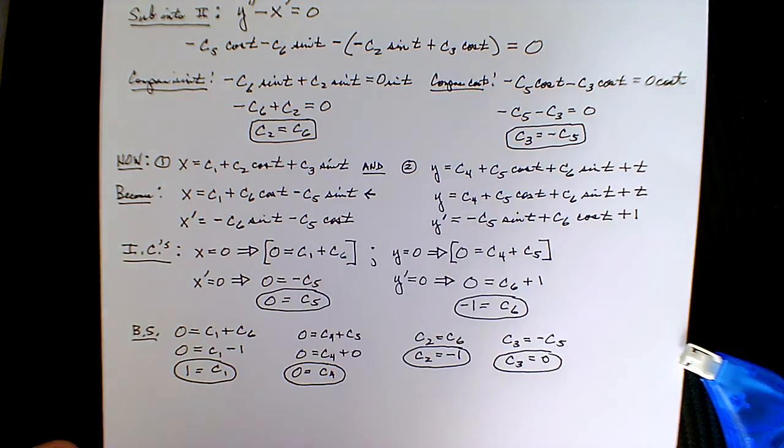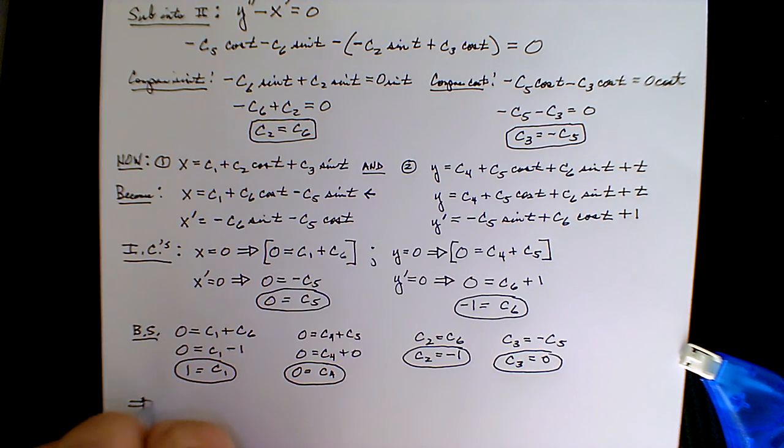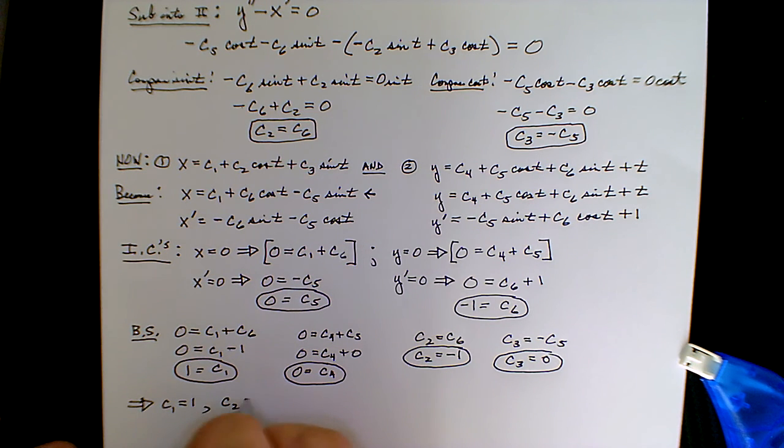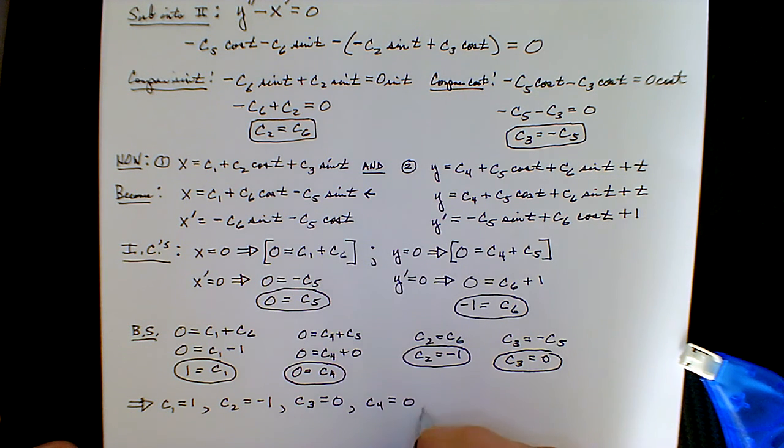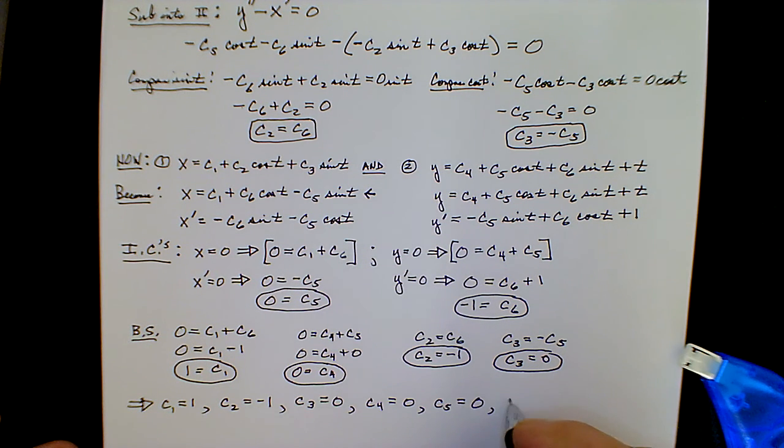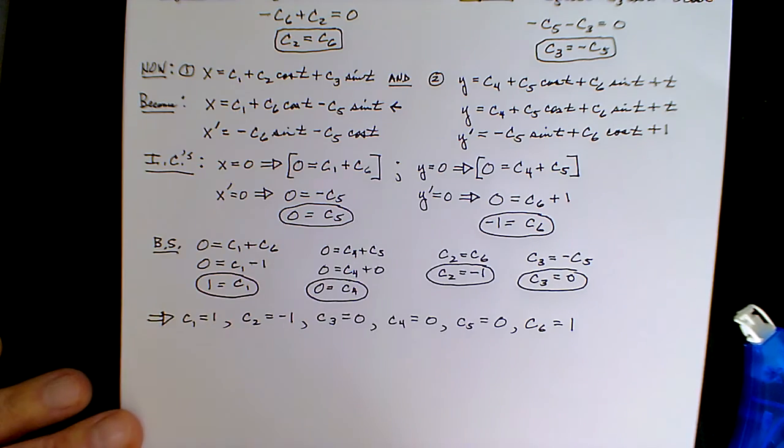And I think we have them all. Just to summarize, C1 is 1, C2 is -1, C3 is 0, C4 is 0, C5 was 0, and C6 was -1.